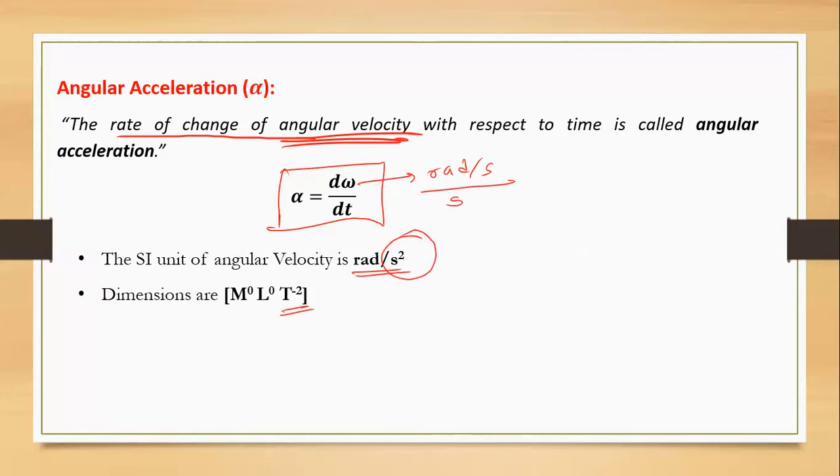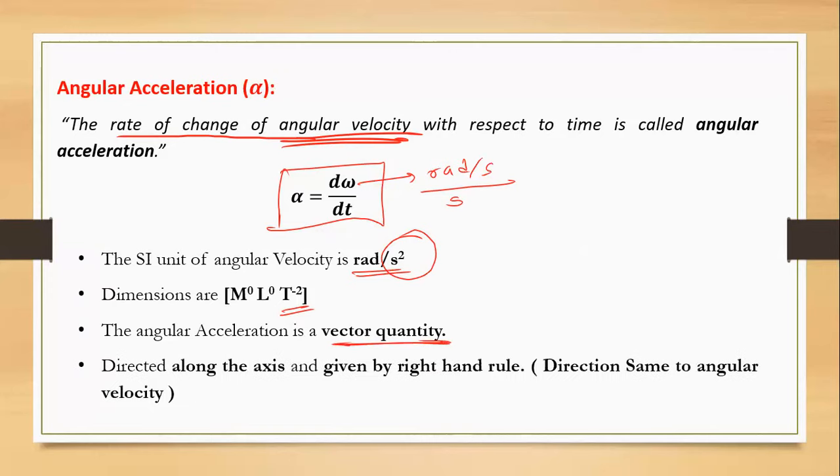It is a vector quantity, similar to the previous two, so it has a direction, directed along the axis and given by the right hand rule, the same as angular velocity. We already learned the angular velocity direction, and angular acceleration has the same direction. I hope you understood these basic quantities.